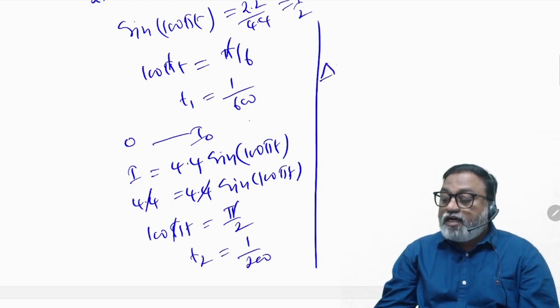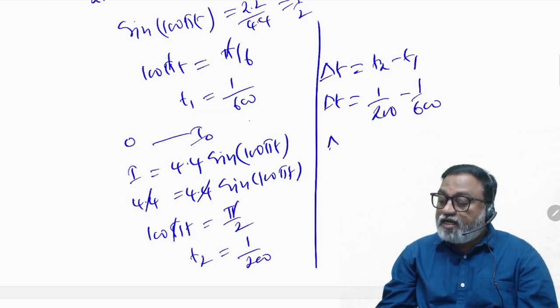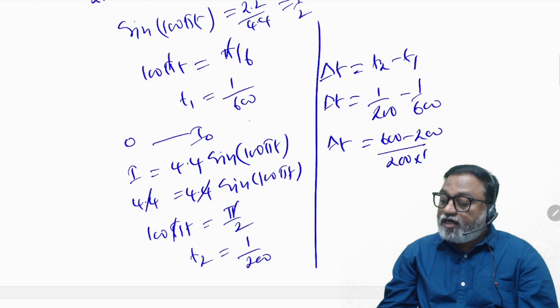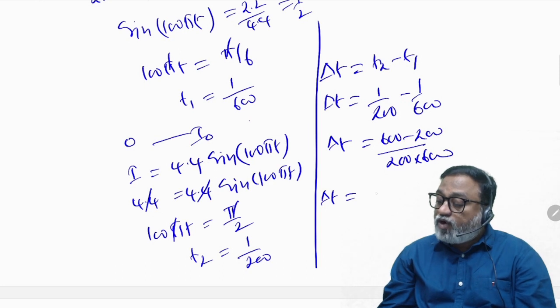Therefore, delta T is equal to T2 minus T1, that is 1 by 200 minus 1 by 600. This becomes 600 minus 200 by 200 into 600, that is 400 by 200 into 600.